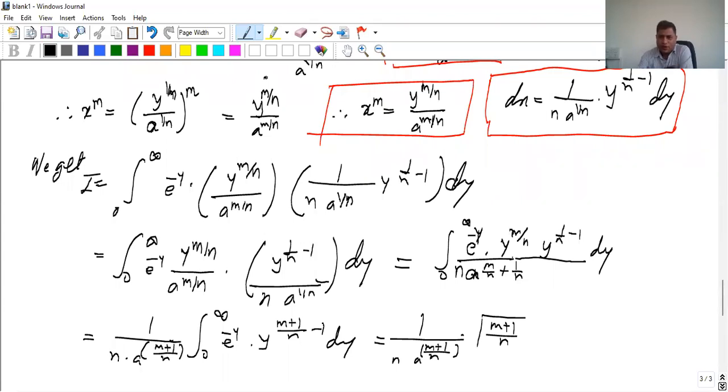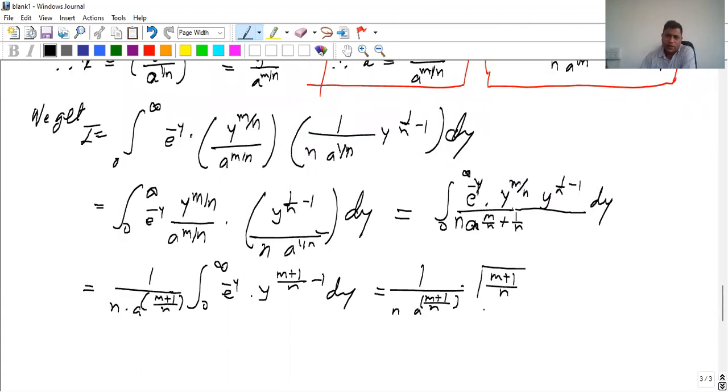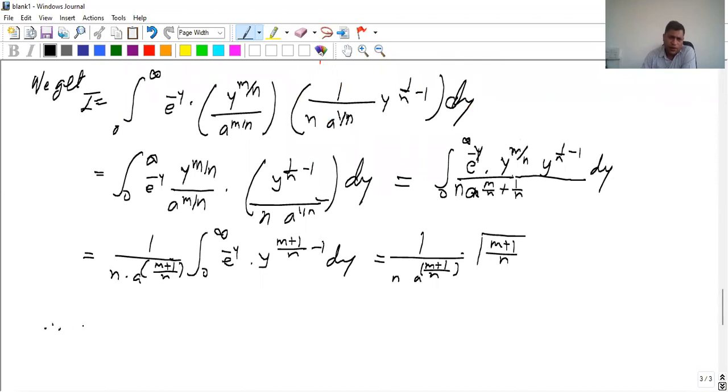Yes, sir. Because what we do is we always compare to the definition of gamma function. And if we compare to the definition of gamma function, then this term turns out to be n. Okay. So this we can write as gamma of m plus 1 by n. So what we calculated: I is equal to 1 upon n into a raised to m plus 1 by n, and this is gamma of m plus 1 by n.